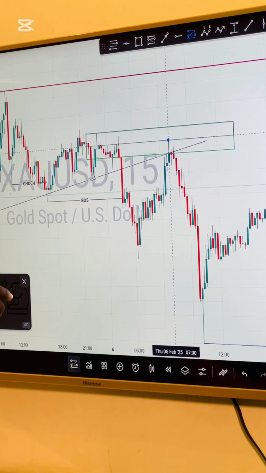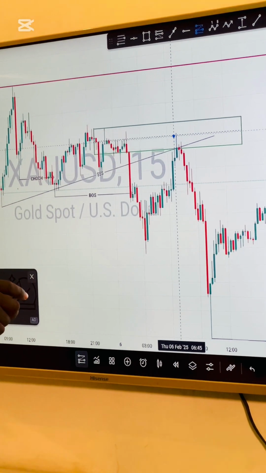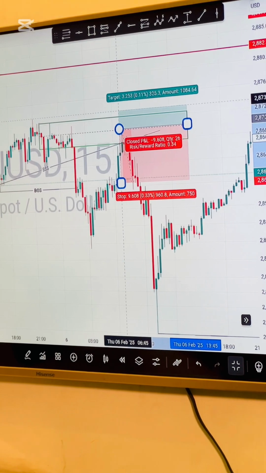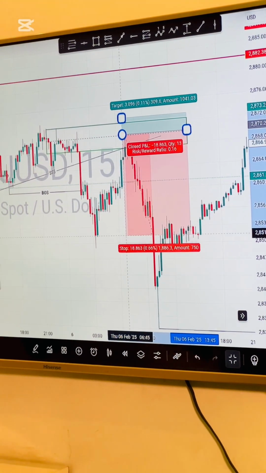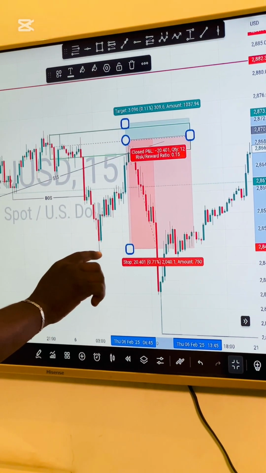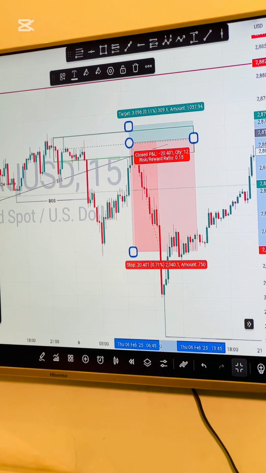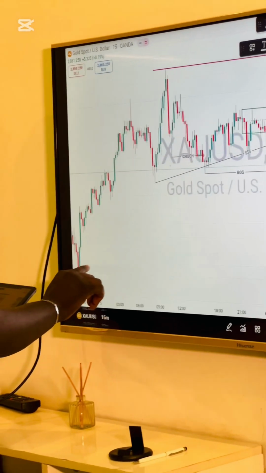at the 50% of this order block, and you target the previous week's low. You target this as your first TP, and you target this as your second TP.